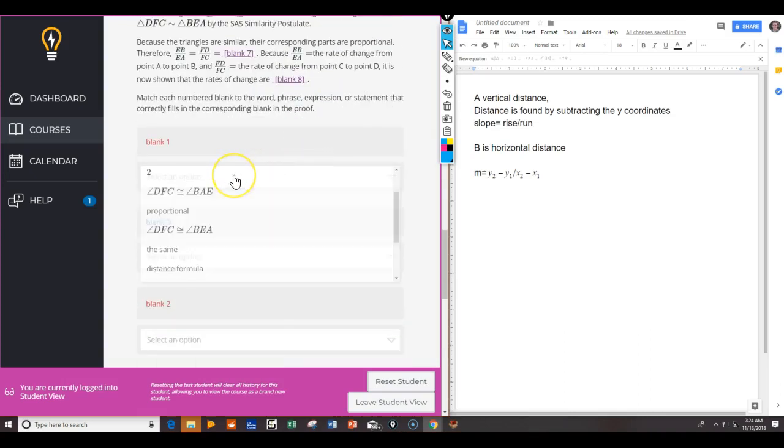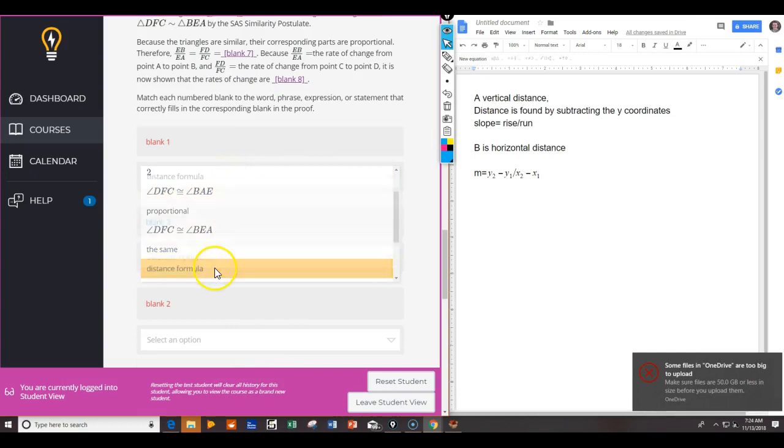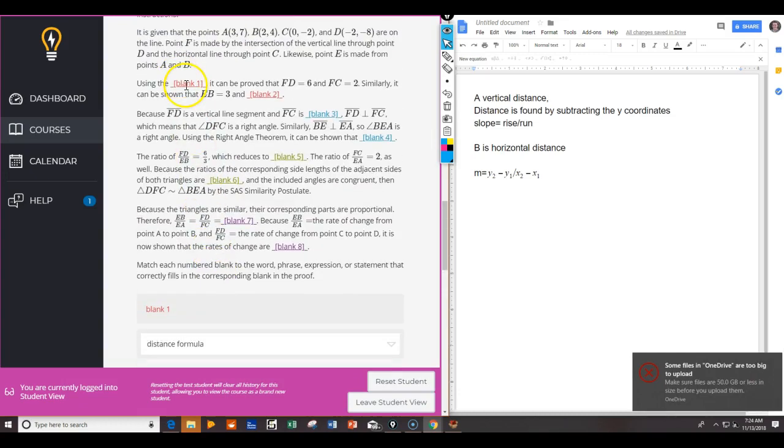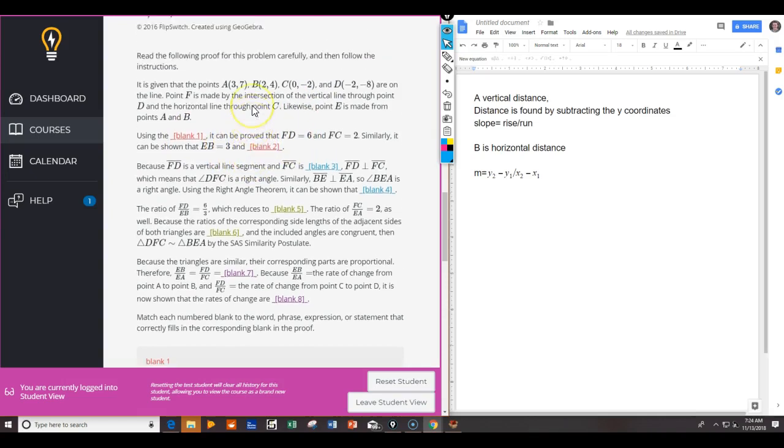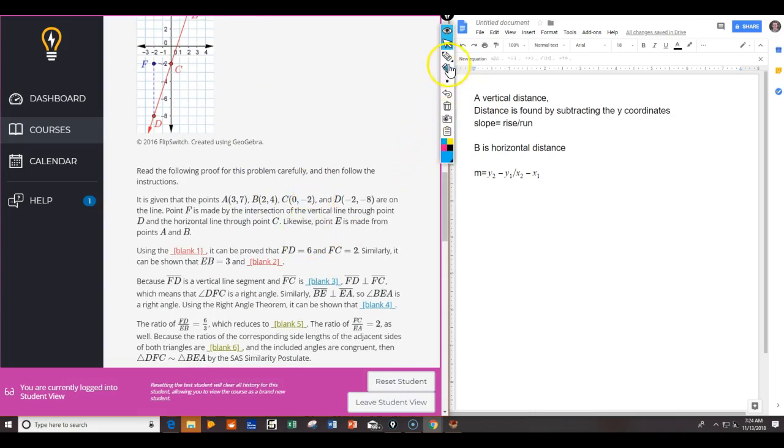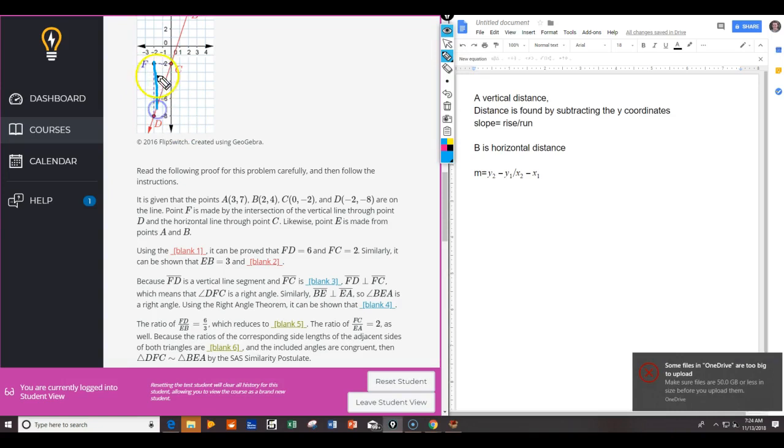So I'm thinking they're using the distance formula, because that's what they have to use in order to prove the distance of a segment. So EB is equal to 3, so what were they using here? So they were doing FD right here, and FC is 2.